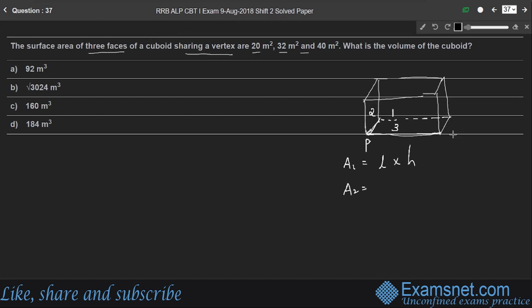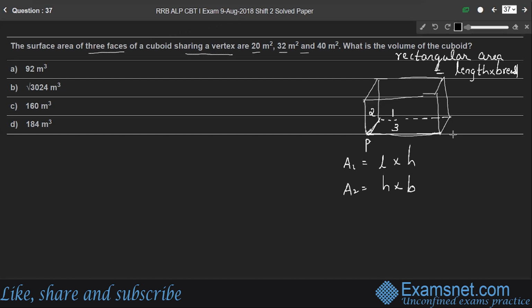All these areas are in the shape of a rectangle. So rectangular area is equal to length into breadth; if it is length and height, it is length into height; if it is breadth and height, it is breadth into height. So the product of its dimensions is its area. Therefore, all three faces are rectangular, and their areas are the product of their dimensions.